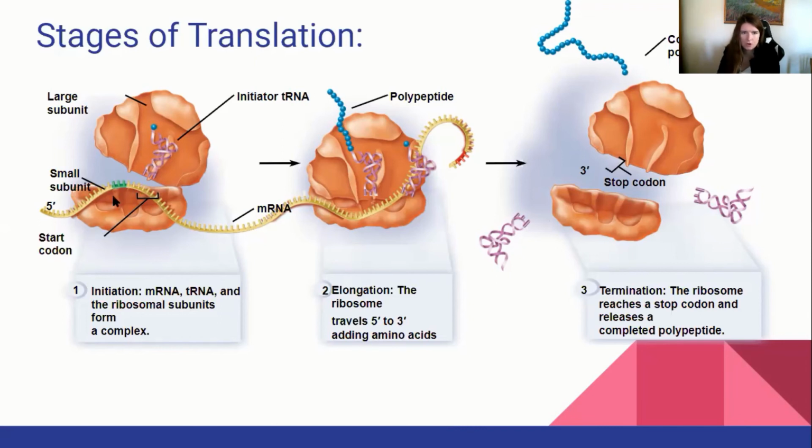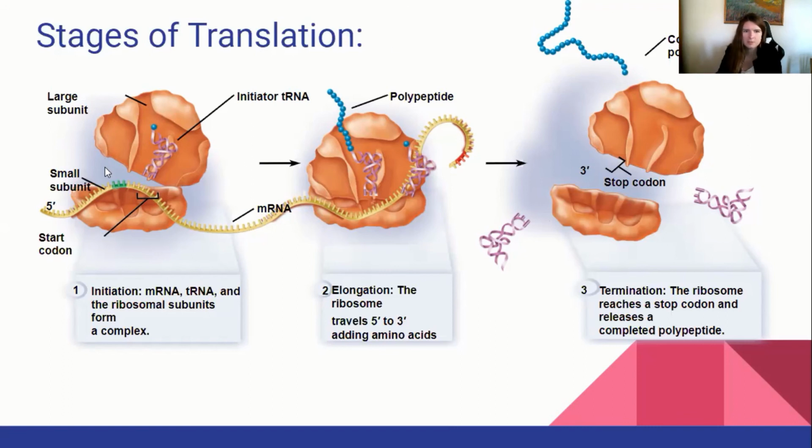Okay, so here we can see, for example, our start codon would be this green part. And this would be our MET, and our first tRNA. Okay, so it snaps together, forming this complex. So complex just means like a group of things working together.